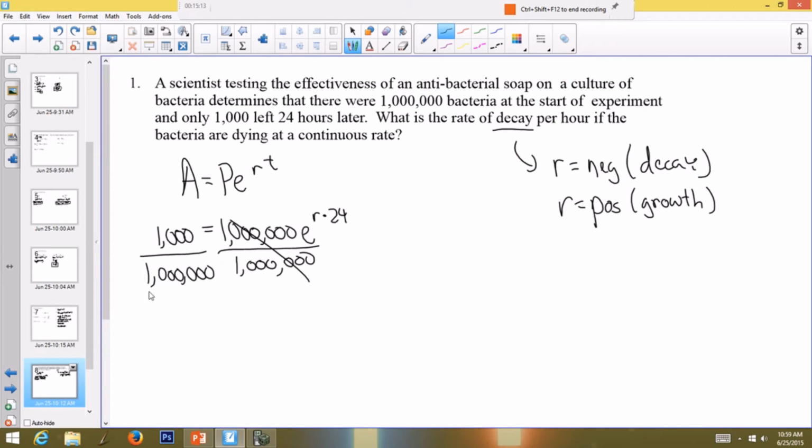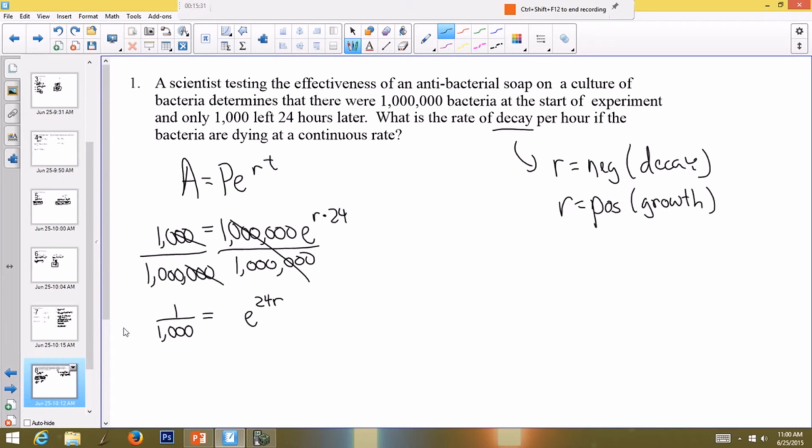Those cancel, and 3 of the zeros cancel there, so I have 1 over 1,000 equals e to the, and I'm going to change it around, multiplication is commutative, so I can do that.